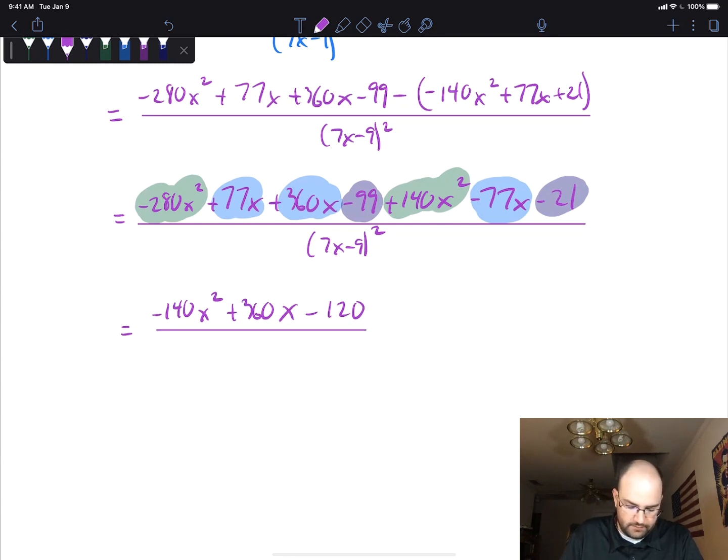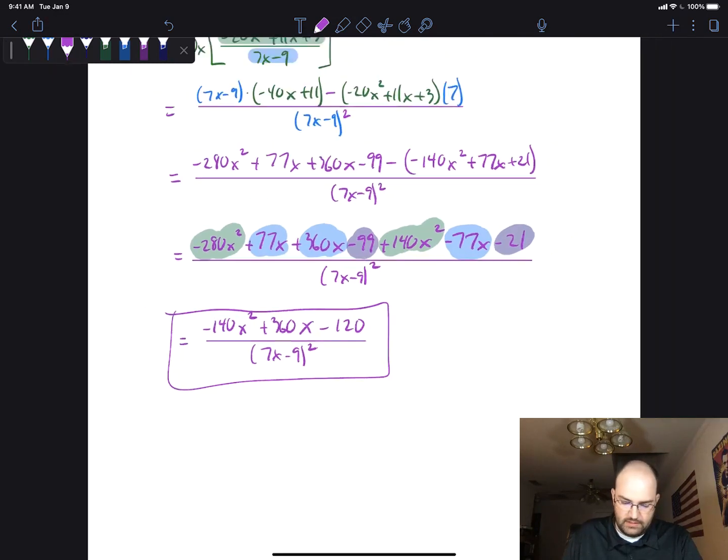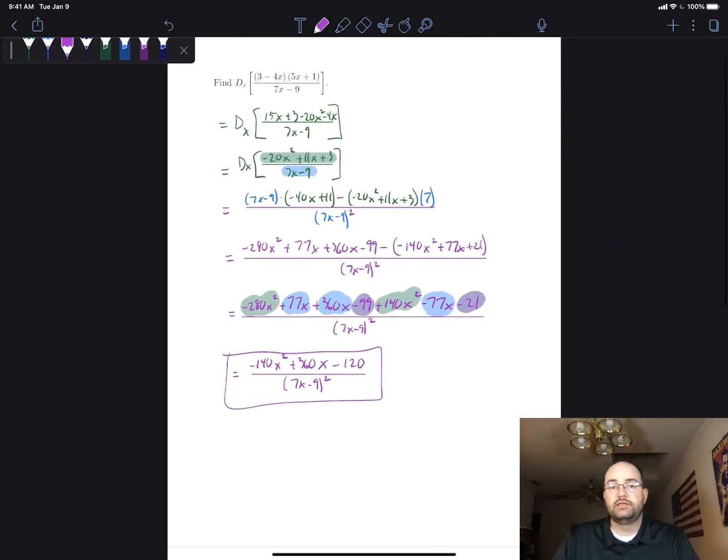And then all over 7x minus 9 squared. Awesome. And there you go. That is the derivative with respect to x of (3 minus 4x) times (5x plus 1) all over 7x minus 9.